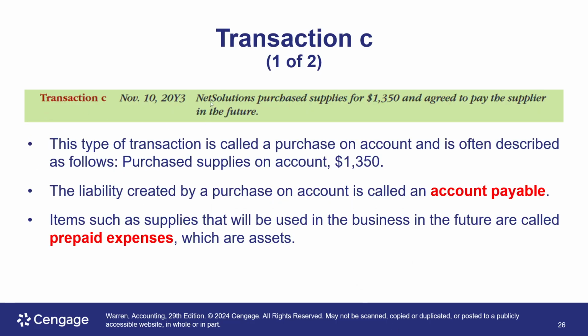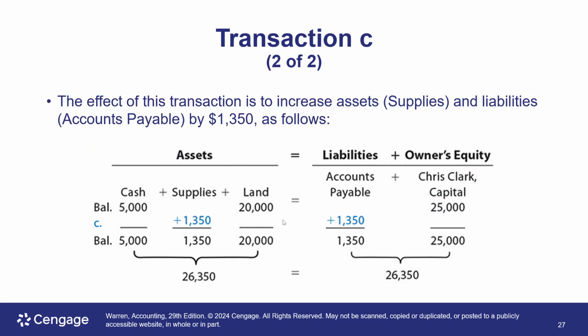Now let's assume that Net Solutions purchased supplies for $1,350 and agreed to pay the supplier in the future. So basically they're creating a liability account called accounts payable. Items such as supplies that will be used in the business in the future are called prepaid expenses, essentially, which are assets. The supplies are an asset.